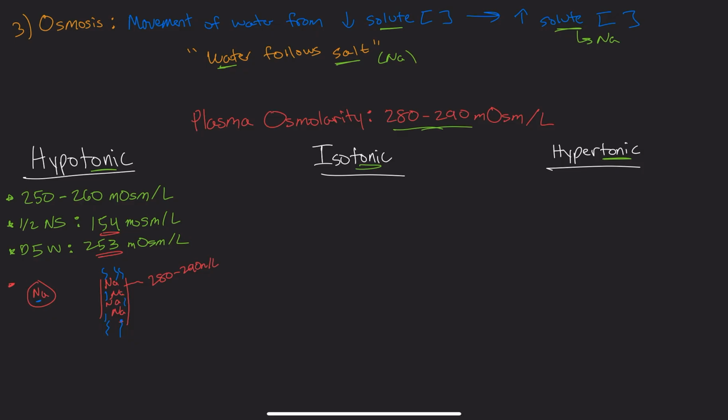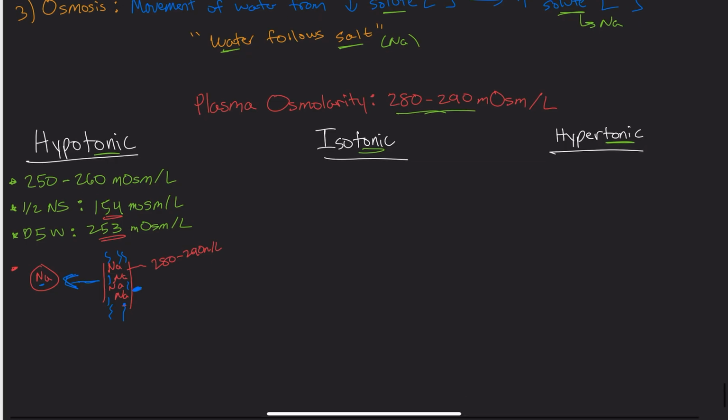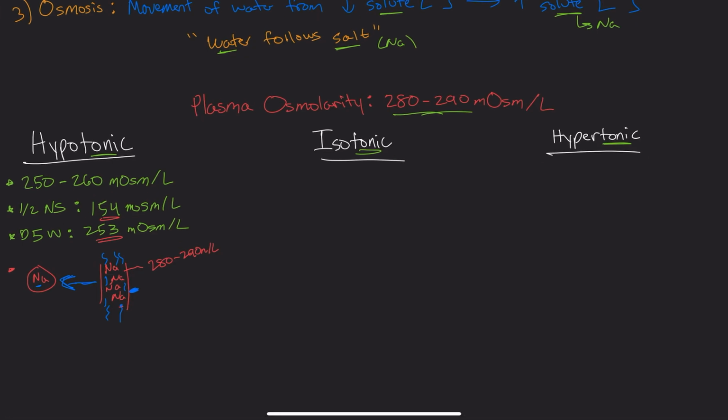So you end up diluting this sodium value, where you'll get to a point where the osmolarity of the blood vessel is less than what's in the cell, so water will move into the cell. That's a key concept here.